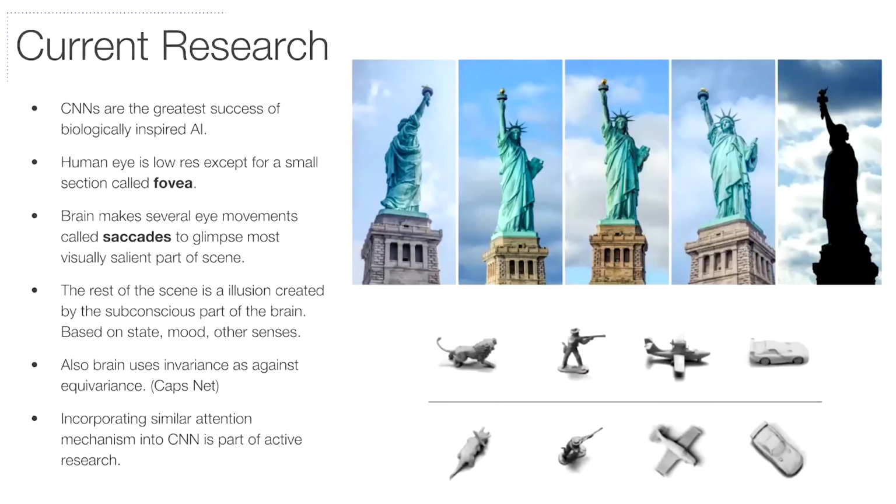Some of the inspirations being taken from biology today is that the human eye is literally low resolution except for a small region called the fovea. So why should neural networks have high density images? Like literally everything has to be high density, right?